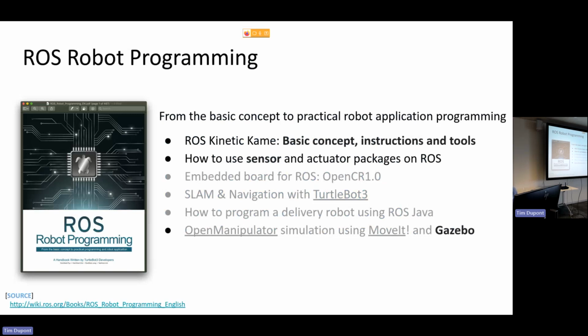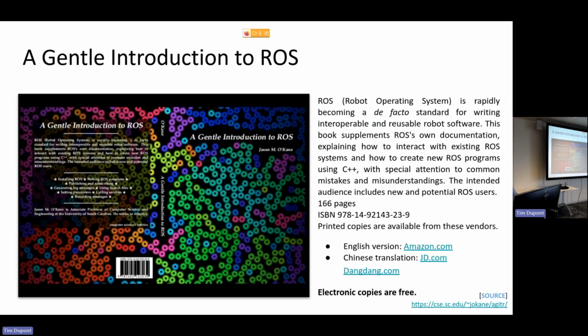So feel free to dive into it, and it's for getting to know the basics. It's good. Another one is A Gentle Introduction to ROS. You can buy it, but the digital copy is free. We added the link, so you can just download it and use it that way. It uses C++ to introduce you gently into the world of ROS.